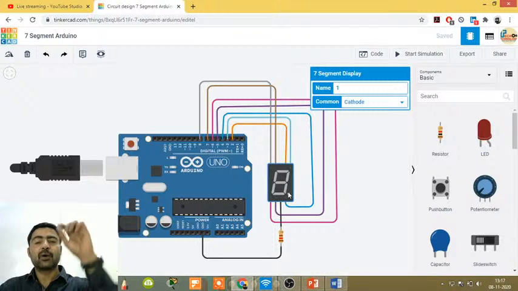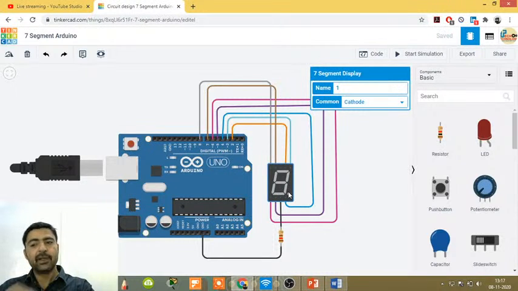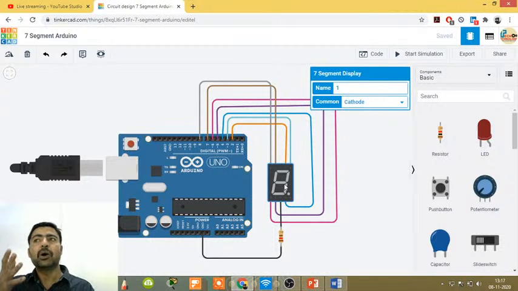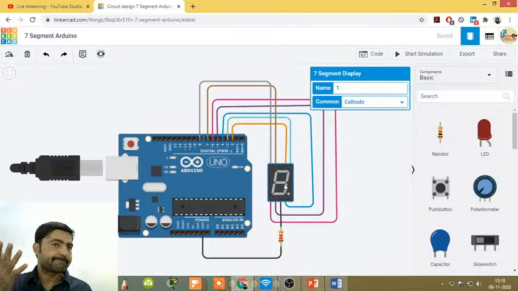8.2, 8.1 or 1.2 or 1.5, whatever decimal fraction number you want to display, you can display with the help of this 7-segment display. But there is a restriction that we can only display numbers and a few of the alphabets, that means A to F. If you want to display complex symbols or any other alphabet, let's say Q or R, or small alphabets, then that is not possible.